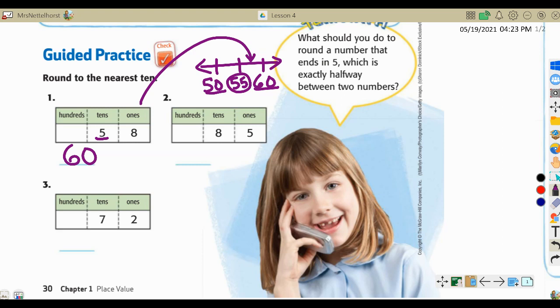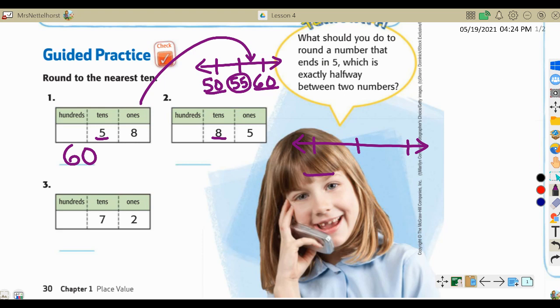Okay, do the same thing with number 2. Pause your video. Okay, so we have 8 in the tens place, 5 in the ones place, so 85. I'm going to underline the 8. I'm going to draw my open number line, drawing on the little girl like I promised before. Okay, 3 tick marks.